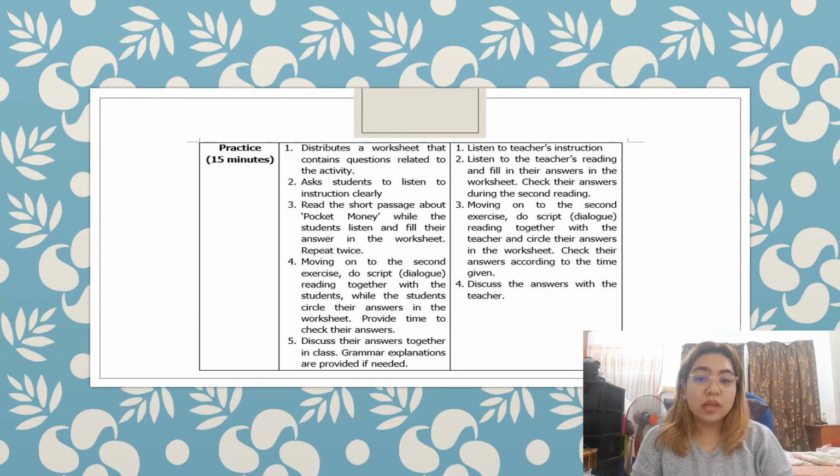Following that, they will check their answers according to the time given, and lastly they will discuss their answers with the teacher and understand the grammar explanation that is given.